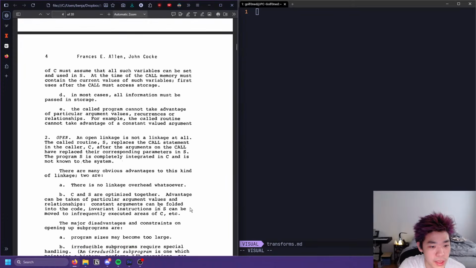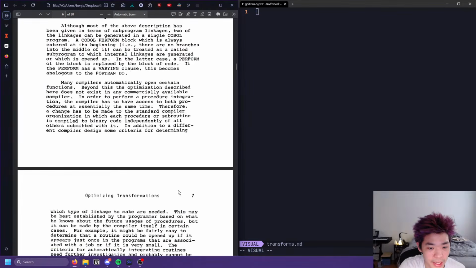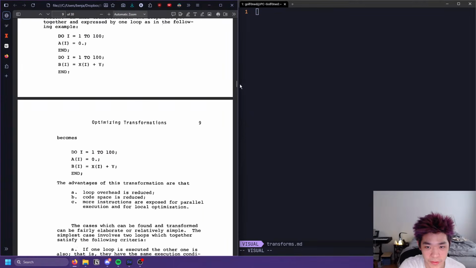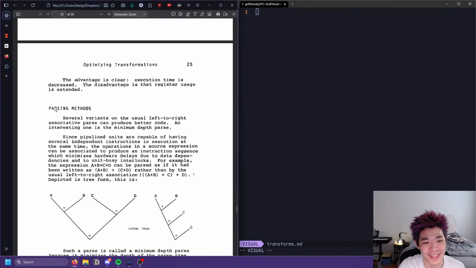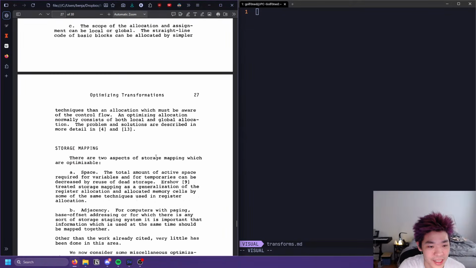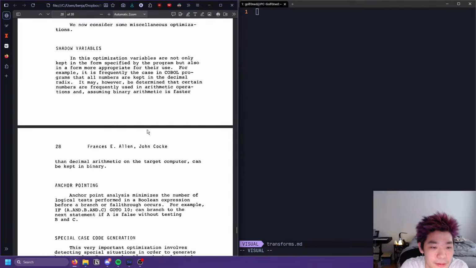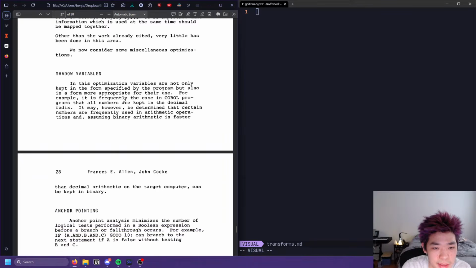Shadow variables. Oh, like literally shadowing? I guess that's the PL way to describe it. Where did this go? It talks about parsing as an optimization, which I think is really interesting. Right, let's see what it says. Shadowing. Oh no, this is not shadowing.